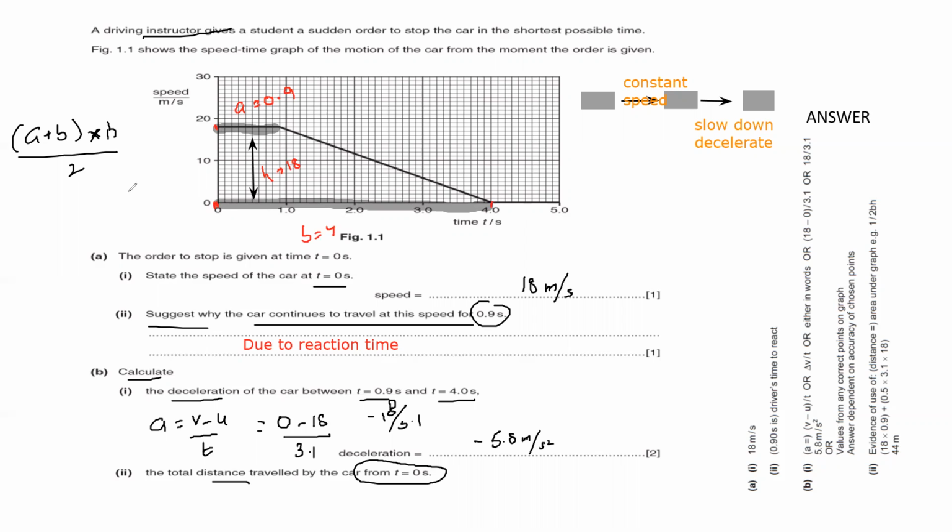So we have the formula, half the sum of the parallel sides into height. One of the parallel sides is 0.9 plus 4, multiplied by the difference between them, that is 18, divided by 2.